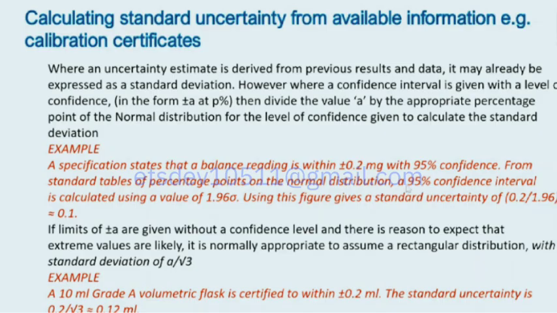So if the confidence level of 95.5 is given, we know that in the case of 95.5 we use a coverage factor of 2. And so therefore, we can just divide this plus minus 0.2 by 2, and you will get the value of 0.1, because when it is given with 95% confidence, that means they have used the coverage factor for the calculation. When no such confidence is given, we use A by √3.